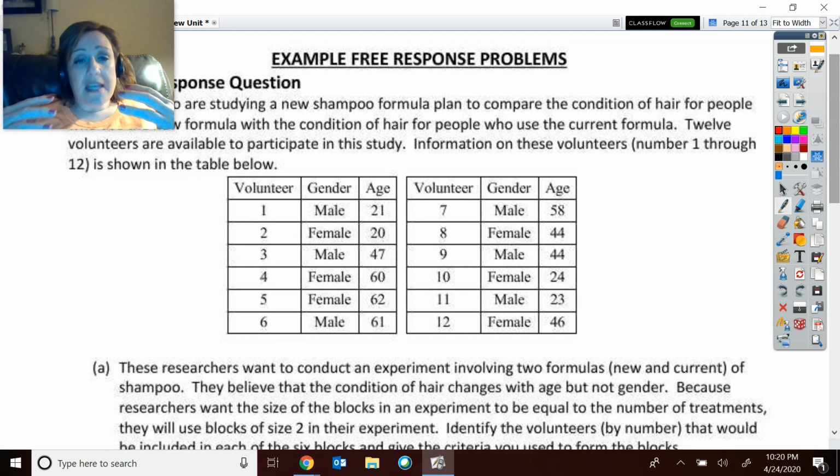Just make sure that when you answer these free response questions, you not only state what the definition is. For example, can you use blinding with this problem? Should it be single or double?